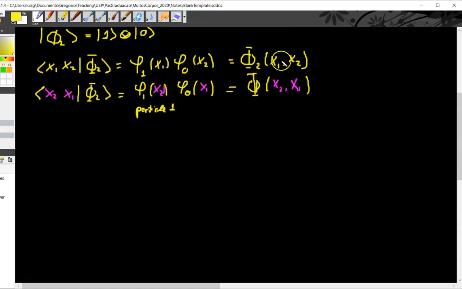Now this is the exchange, right? I can do it here, or I can do it here. And this is clearly different than this one. It's not just plus or minus different. It's really different.